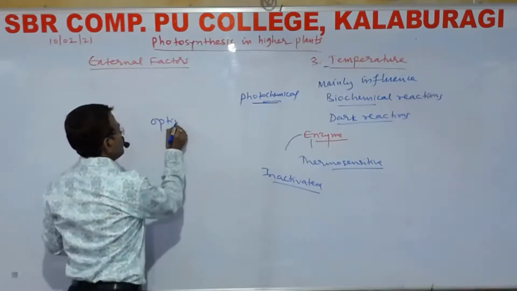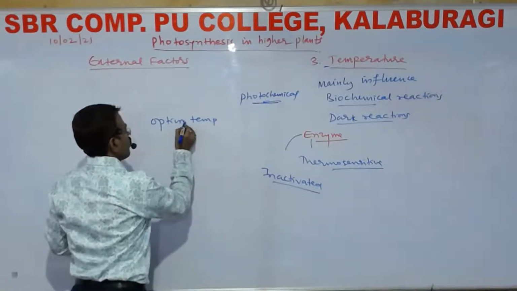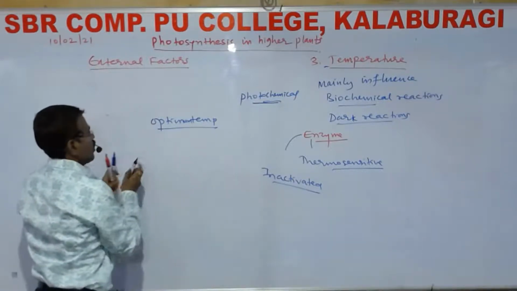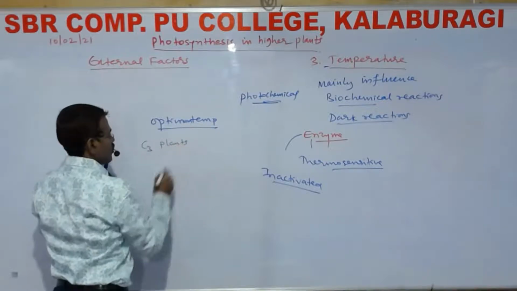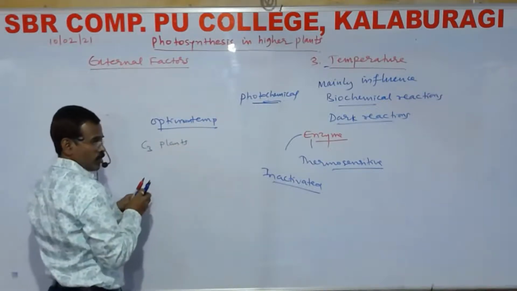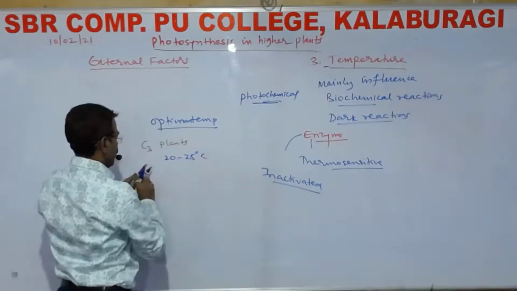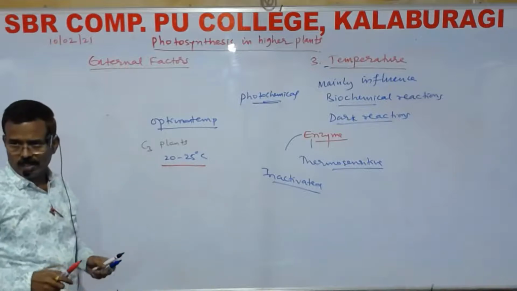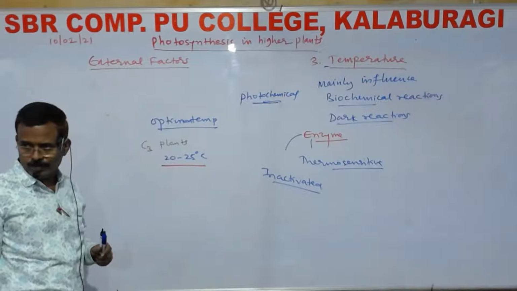Optimum temperature for C3 plants can be 20 to 25 degrees centigrade. This is the optimum temperature for C3 plants.